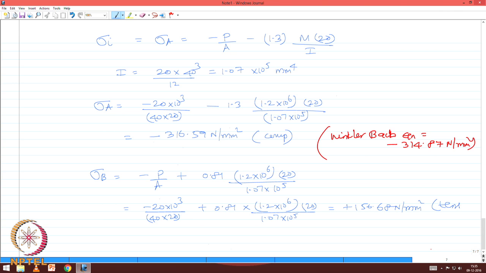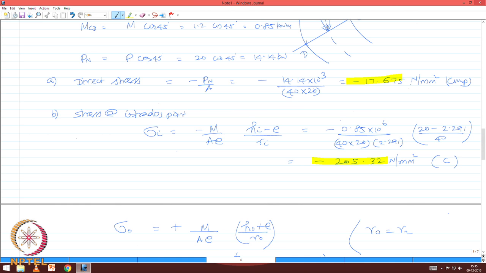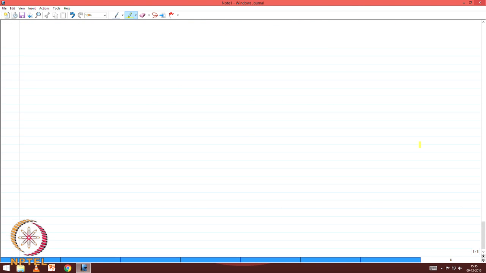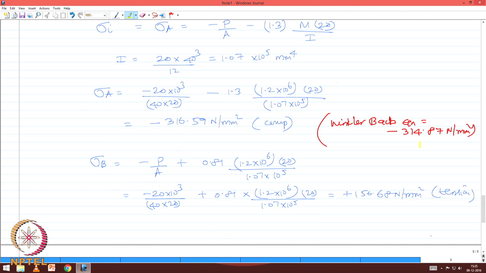Plus indicates it is tension. When we compare this with the results of sigma B, we can very clearly see this is 157. So, Winkler-Bach gave me the value as plus 157.43, which was very close to what we have from the approximate solution as well.